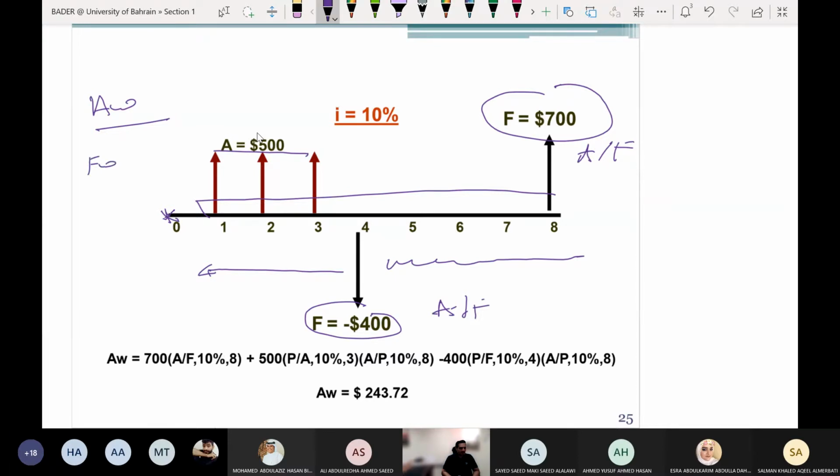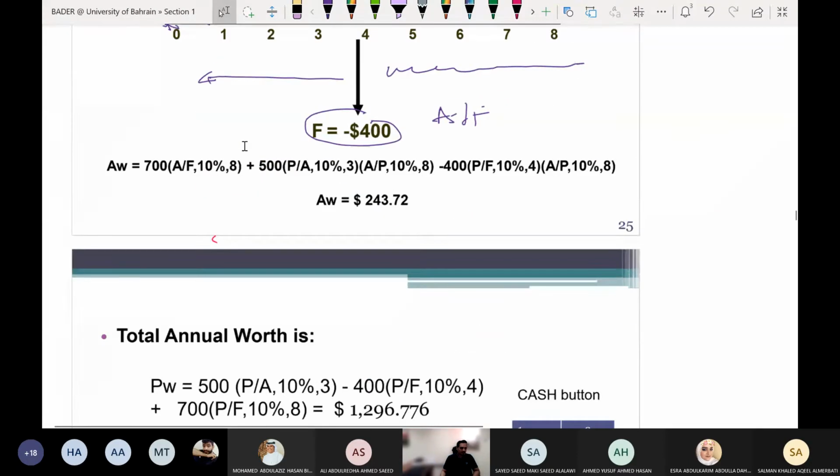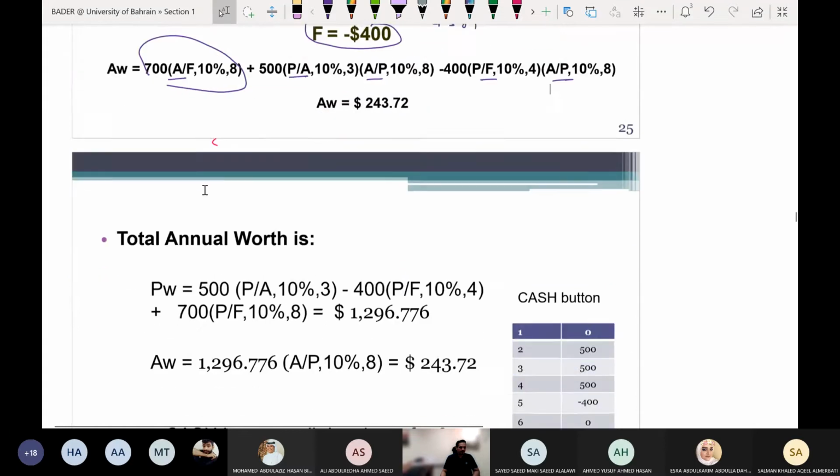So basically, to make my life easy, I can consider the 700 and deal with it according to find A given F, and for the remaining, I have to do 2 stops. That means a stop at present, and then say, what would you like to do with this present?